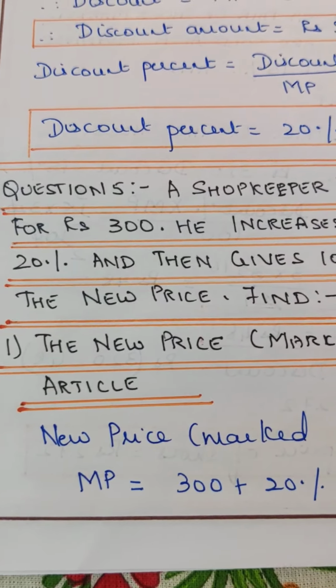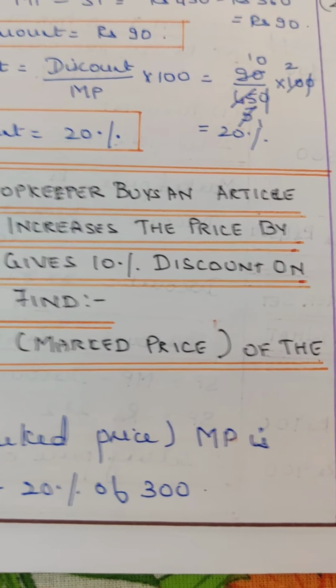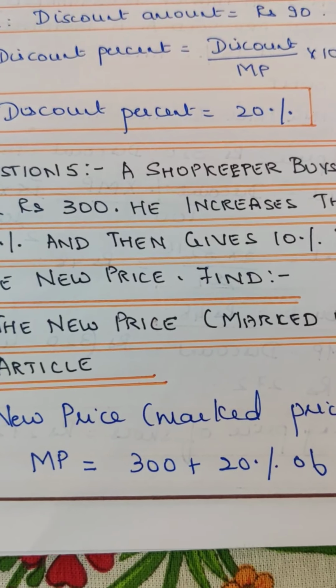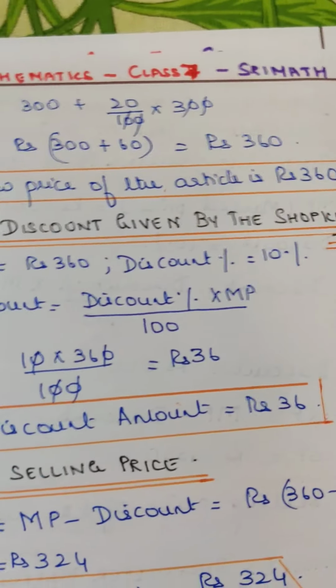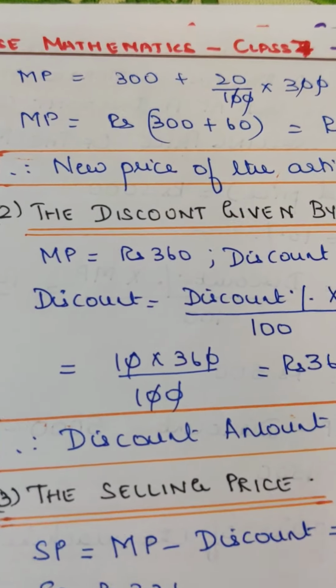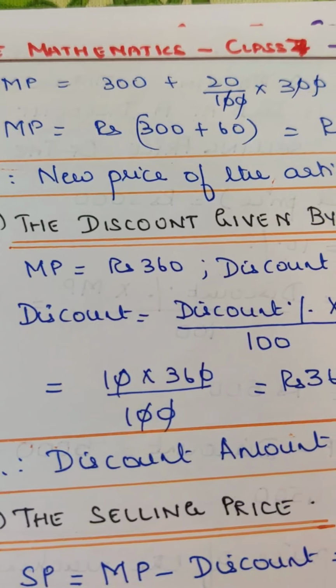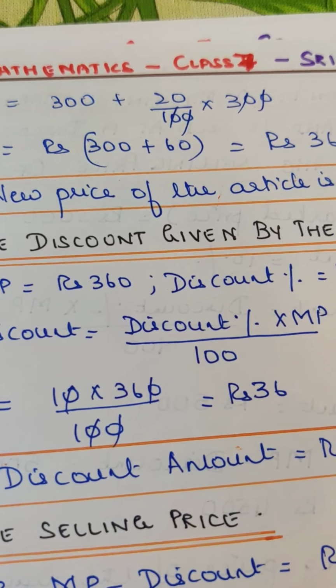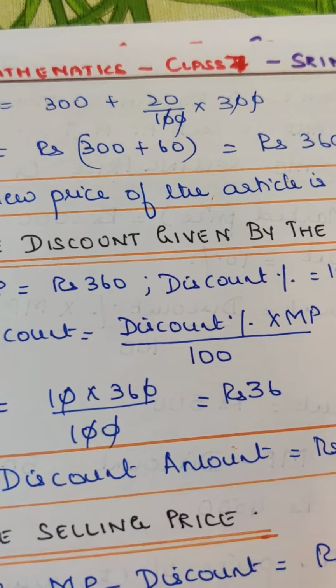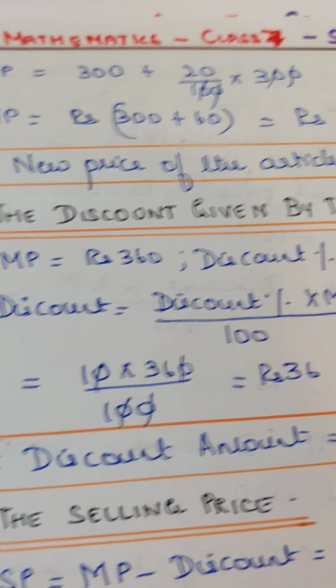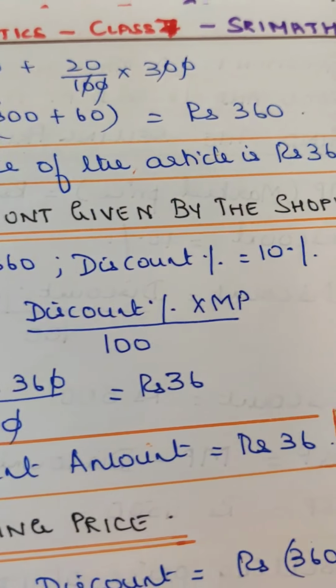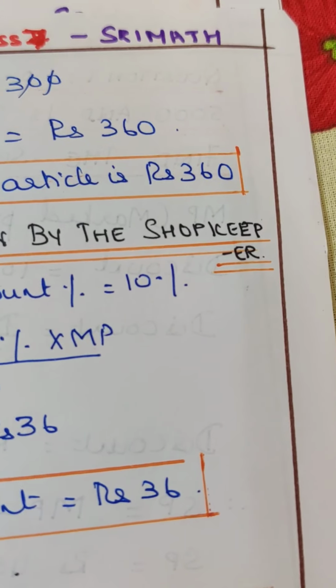So, new price, that is the mark price, MP, is equal to 300 plus 20% of 300. Therefore, the mark price is equal to 300 plus 20 by 100 into 300. That is equal to 300 plus 60. That is equal to 360. Therefore, the new price of the article is rupees 360.